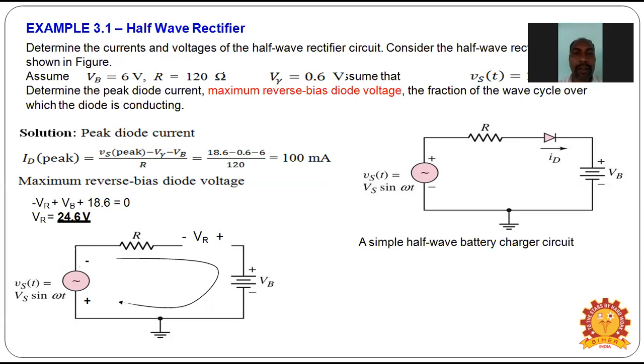From that solution, the peak diode current is Vs peak minus VR minus VB divided by R. From that we get the result, that is 100 milliamps. The maximum reverse bias diode voltage is VR plus V0 plus 18.6 equal to 0.